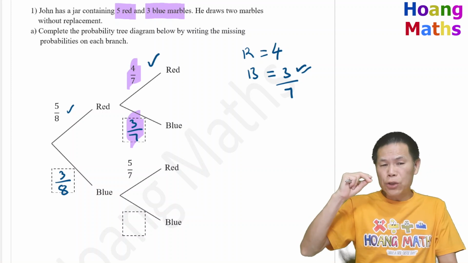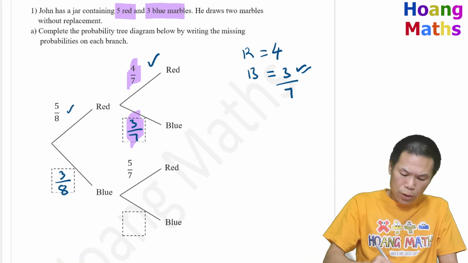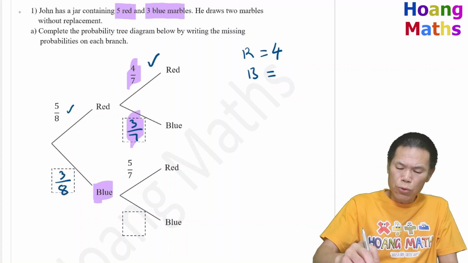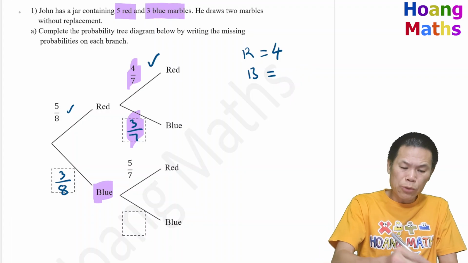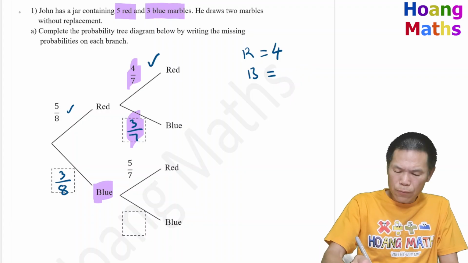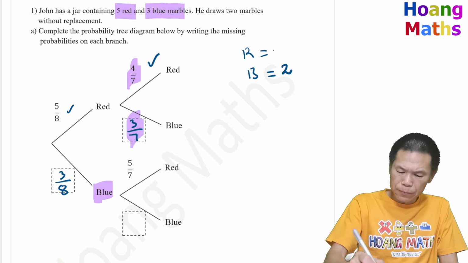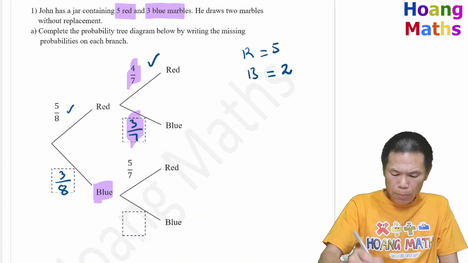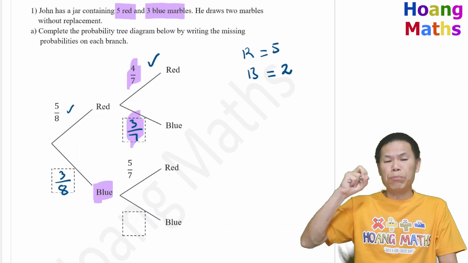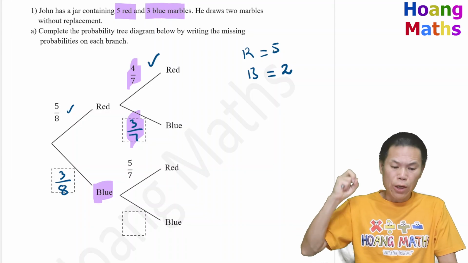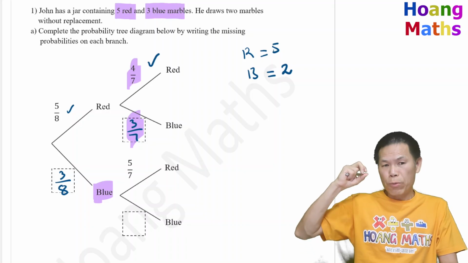Now, if the first draw is blue, this means the blue now goes from 3 to 2, and the red one is still 5, because 1 blue was taken out, so blue will be 1 less.